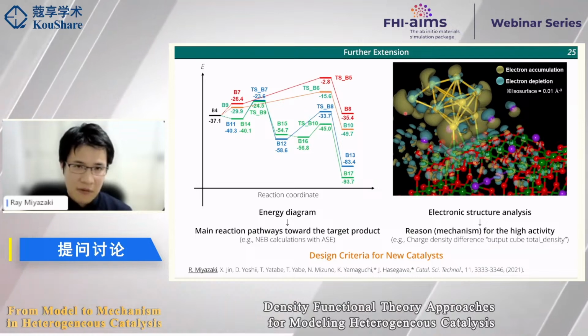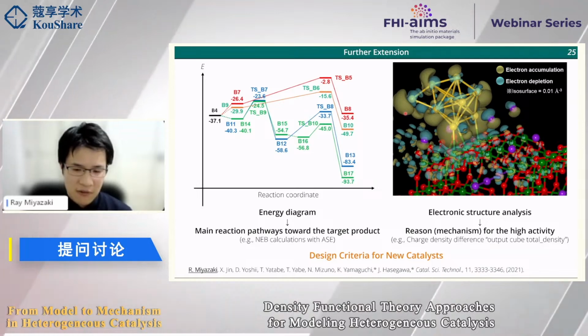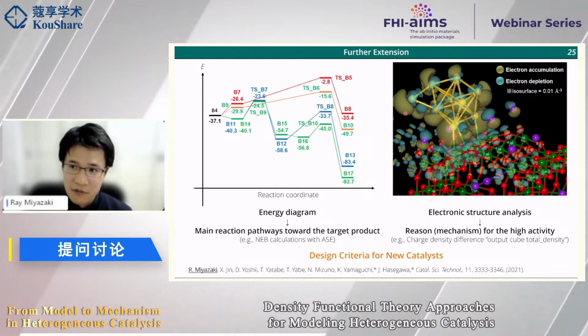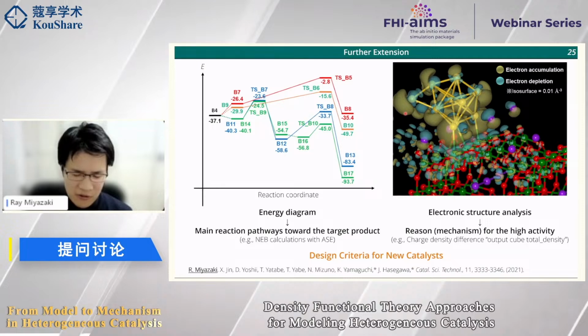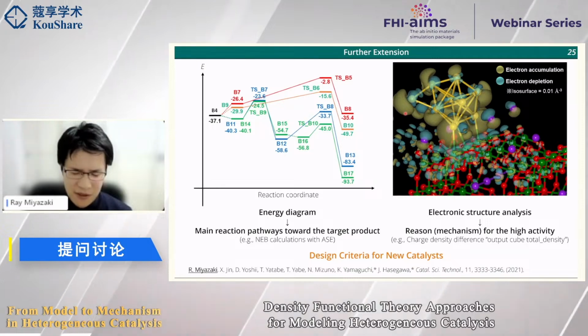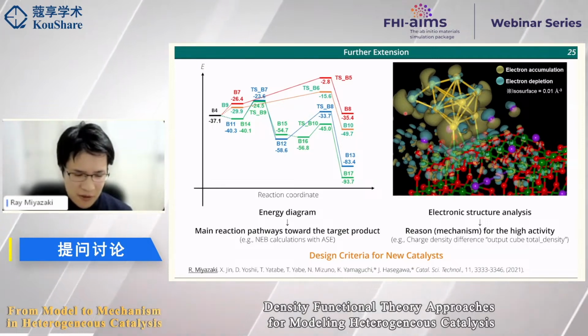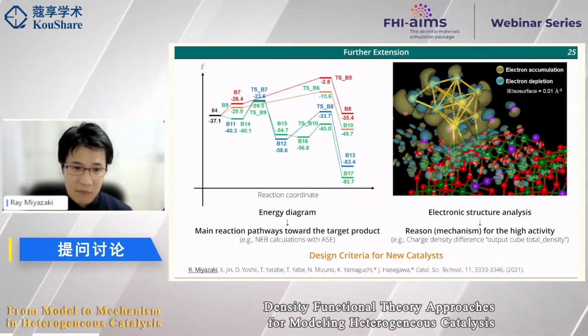Then I picked up the Hirshfeld charge analysis implemented in FHI-aims. But after that, the functionality for generating the electron density for Bader charge analysis was nicely implemented in FHI-aims, so now we can perform the Bader charge analysis with FHI-aims.